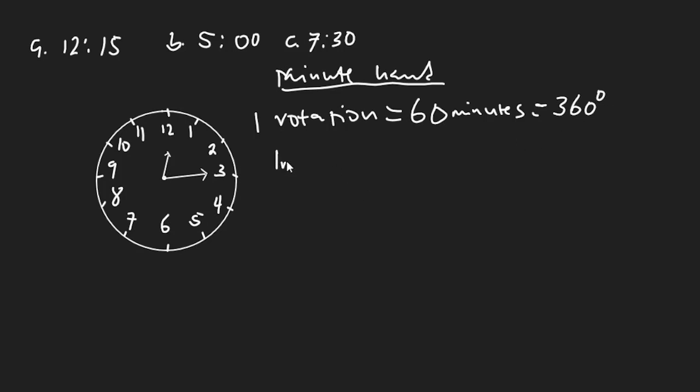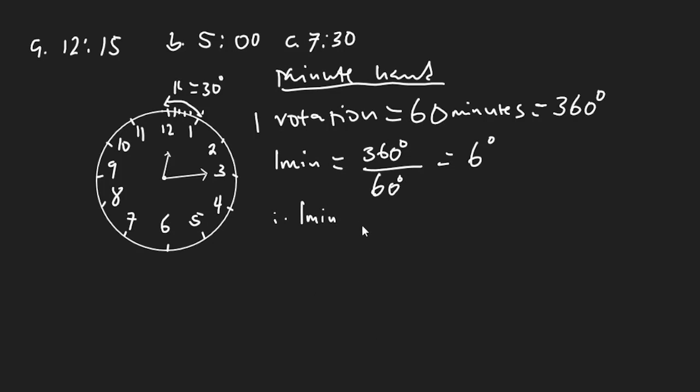So in terms of 1 minute, we're having 360 degrees divided by 60, and this is giving us 6 degrees. Okay, so therefore 1 minute is equal to 6 degrees. So in terms of the minute hand, 1 minute gives us 6 degrees.